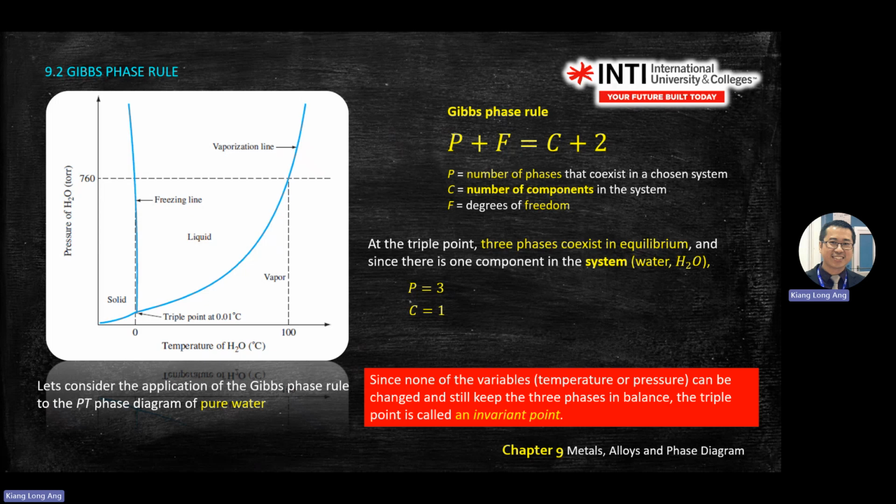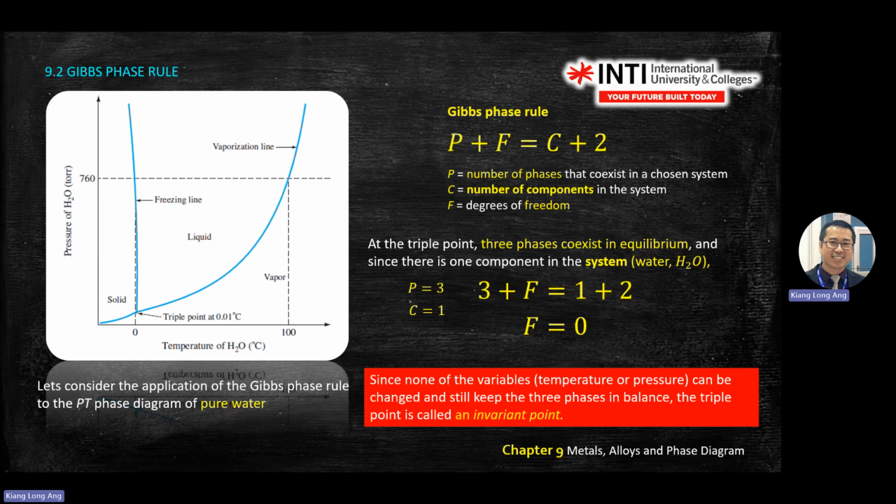So what is the degree of freedom if you complete the equation there? What is your F? 0. It means at the triple point, there is 0 freedom. Freedom means can it change form to another? At the triple point it cannot.